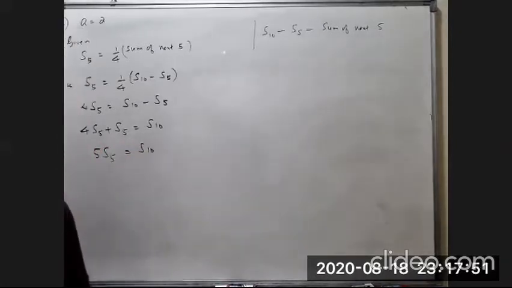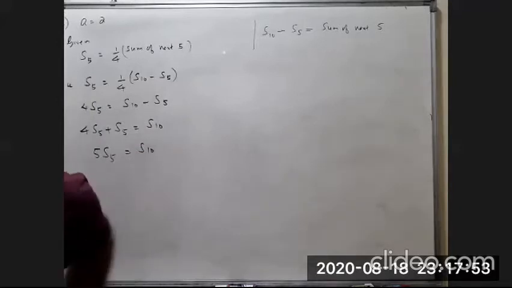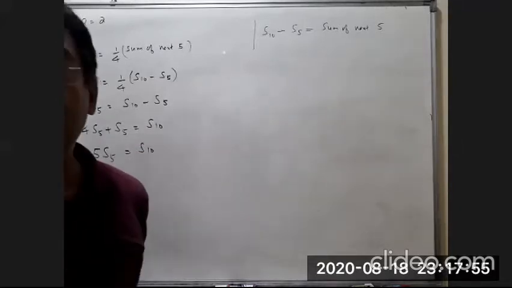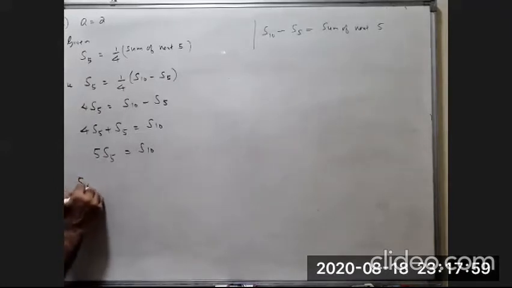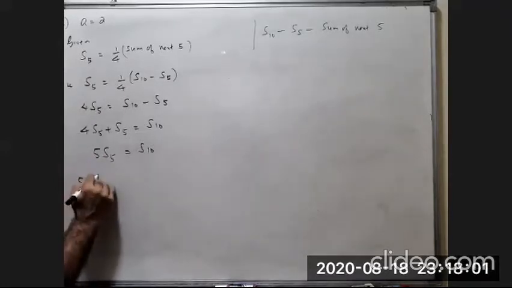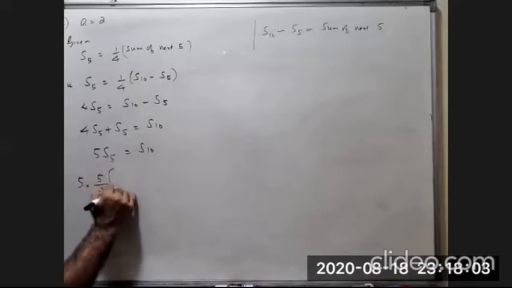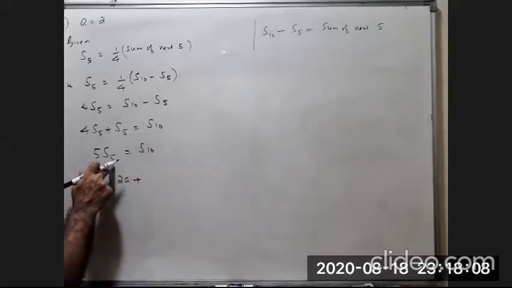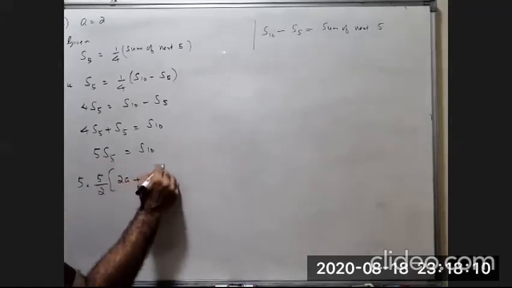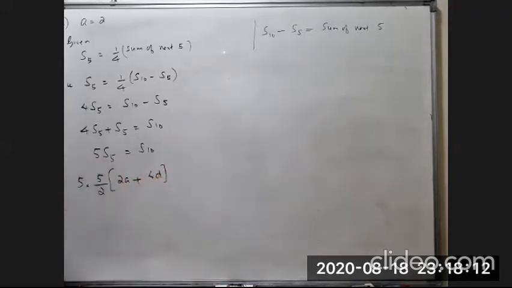Whenever a relation between two sums or two terms is given, write the formula. 5 into S5, where S5 is 5 by 2 into 2A plus 4D, directly, one short of 5. Don't waste time writing 5 minus 1.